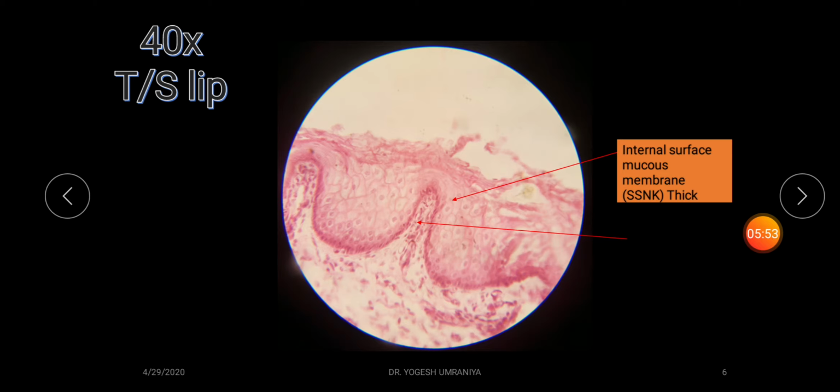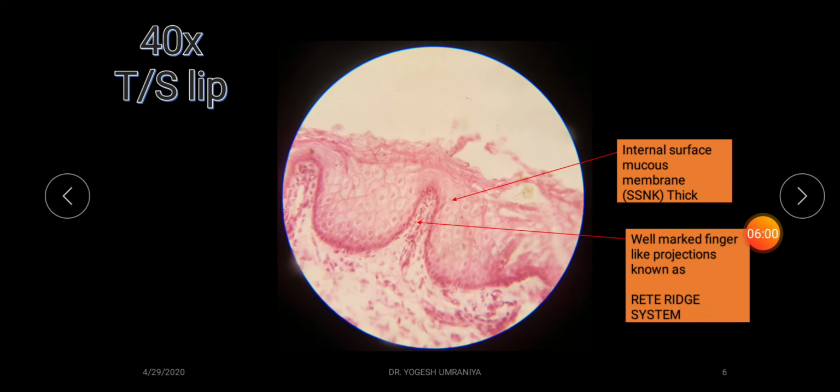Here you can see clearly this is the dermal papillae, and that is forming the well marked finger-like projections underneath this epidermis, and this is referred to as the Rete ridge system, and this is helpful to provide the firm attachment of this layer with the underlying structure.